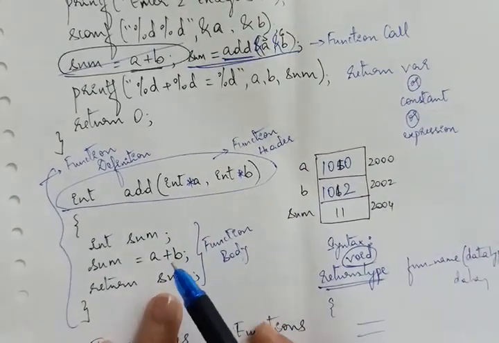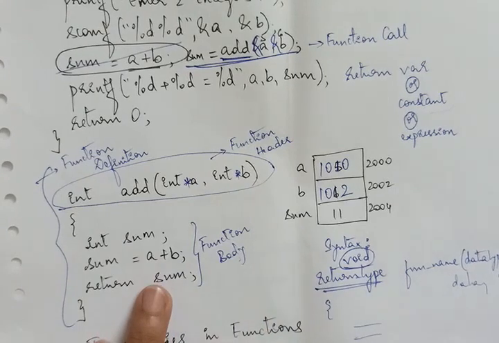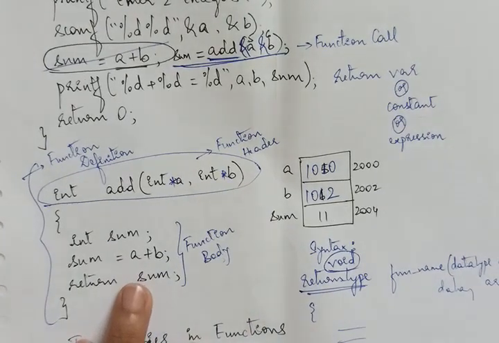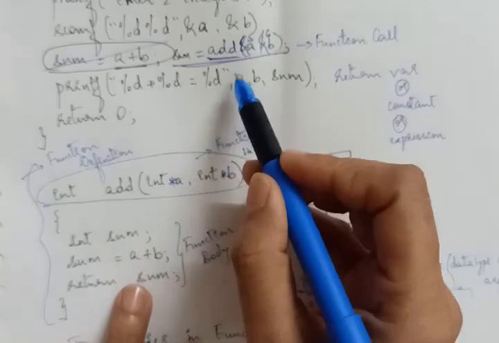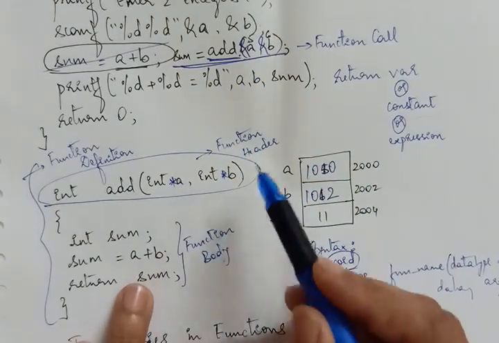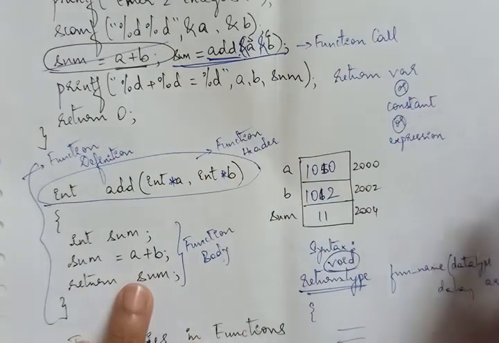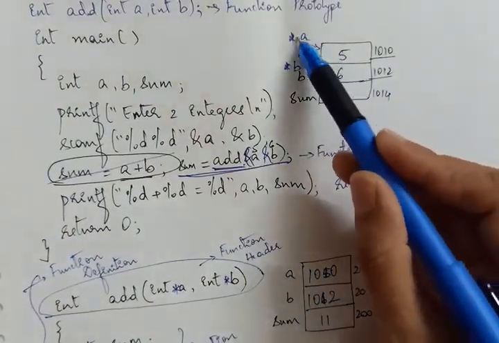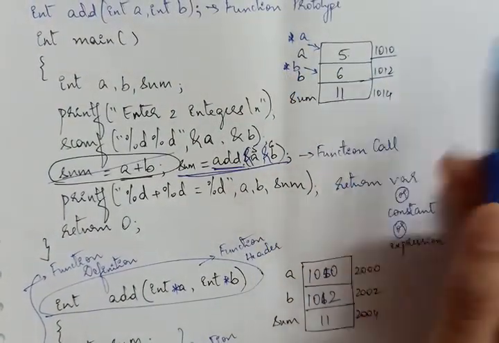Now how am I going to access? In the previous example, with respect to pointers, how did we access x value? We accessed x value through star P. So now to access this A value, it is possible through star A, and to access B value it is possible through star B. So what is here? Star A is 5, star B is 6.